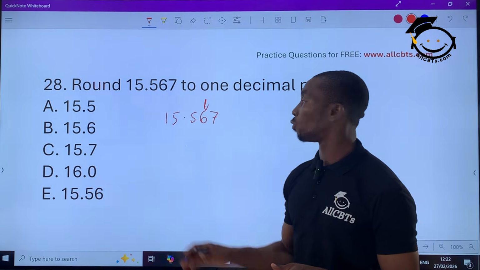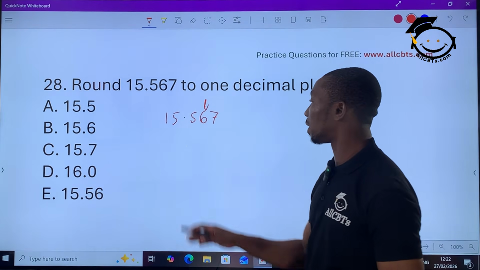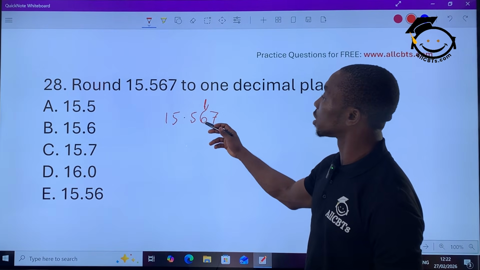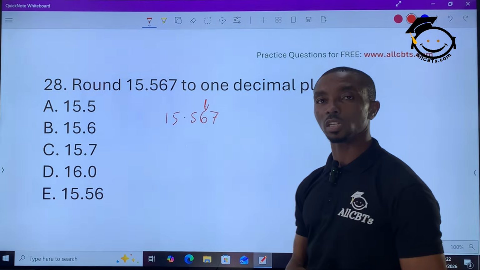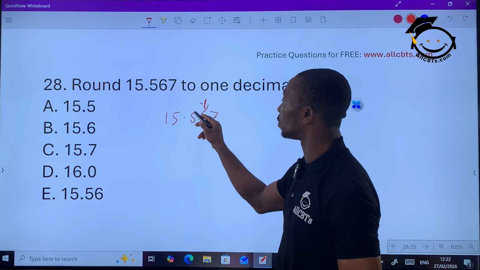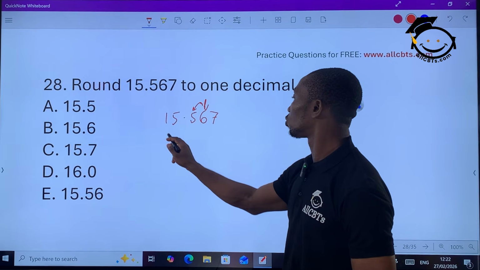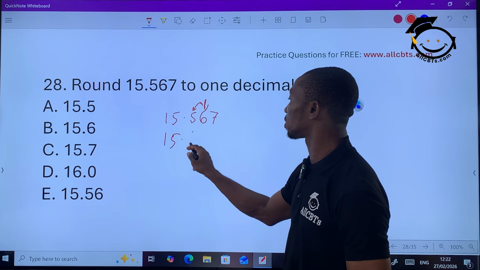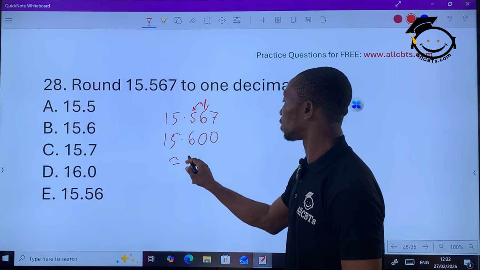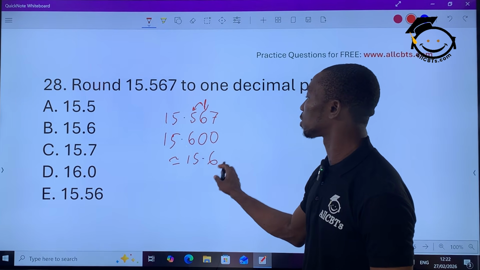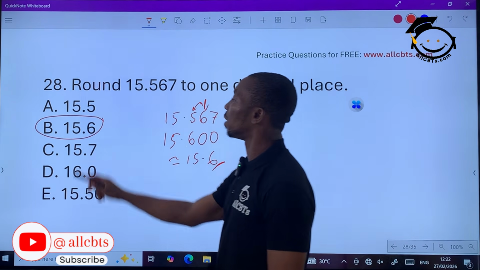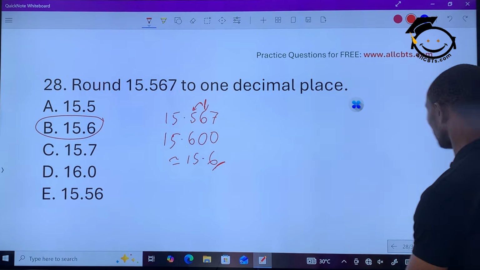But if no, we round down and every other digit after it becomes 0. Since we have 6 in our second decimal place, which is more than 5, we add 1 to this to give us 15.600. So equivalently, it is 15.6 to 1 decimal place. This will be our right answer.